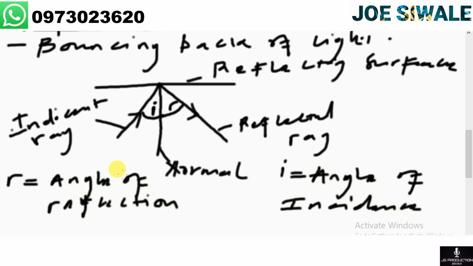I've said that the incident ray is the ray that strikes the refracting surface. The refracted ray is the ray that leaves the refracting surface. Then we also have the normal, which is the line that is drawn 90 degrees to the refracting surface. The angle of incidence, represented by I, is the angle between the normal and the incident ray.